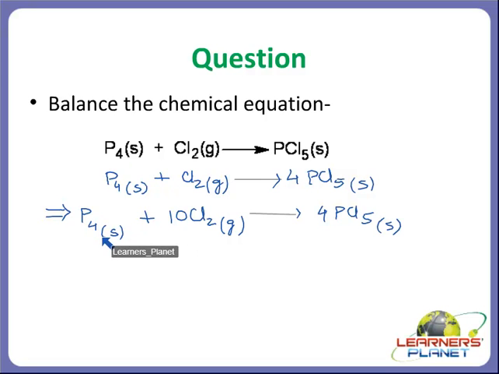Now just check, is the equation balanced? 4 phosphorus on LHS, 4 phosphorus on RHS, 20 chlorine on LHS and 20 chlorine on RHS. So children, now our equation is balanced.